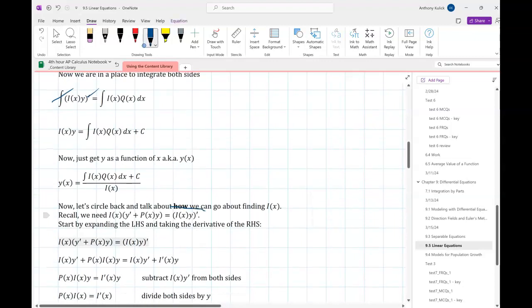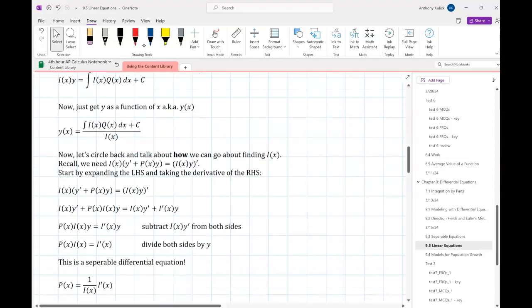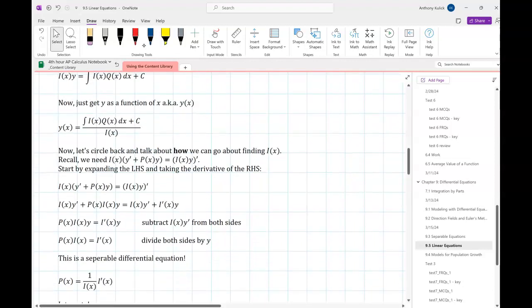So what we need for I of x to do is it needs to satisfy this. When I multiply to the left-hand side, it's got to give me the same thing as the product rule derivative of I of x times y. So all I'm going to do is do that algebraically. I multiply both sides by I of x, and I get this.